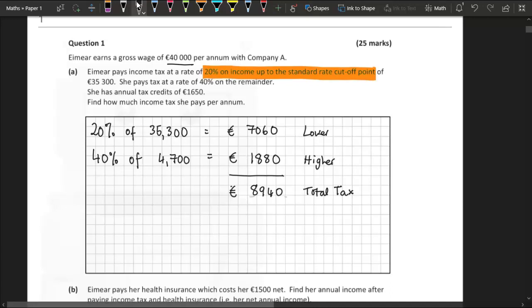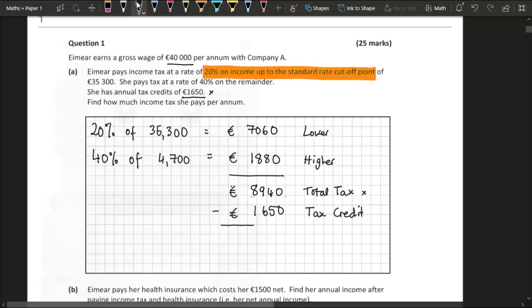Now in this particular question it says she has annual tax credits of 1,650. A tax credit is how much they let you away with. So that means if your total tax over here is 8,940, they're going to let you away with 1,650 of it. So in this one you're going to take away 1,650, because this is your tax credit.